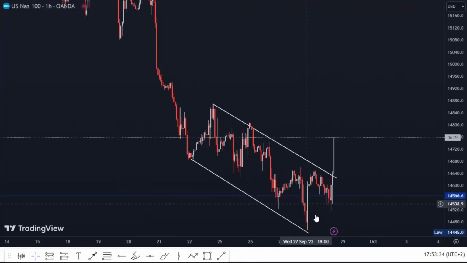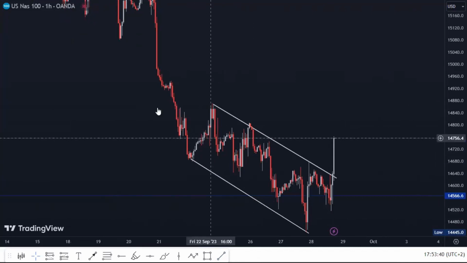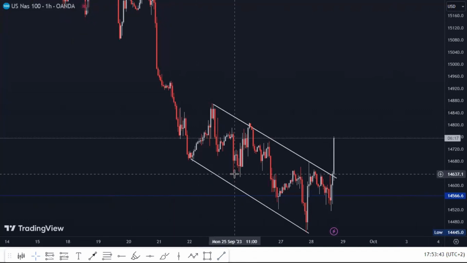Evidence number 2, there was a liquidation process. Evidence number 3, we have this channel right here. This channel simply means that there's a shift in market character. Now the sellers are being overwhelmed by the buyers.